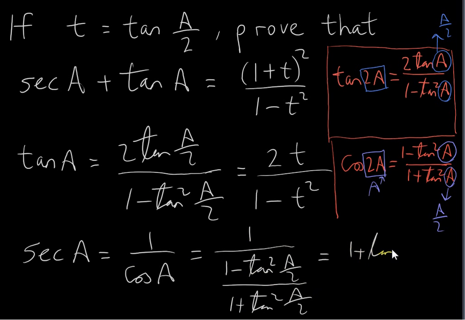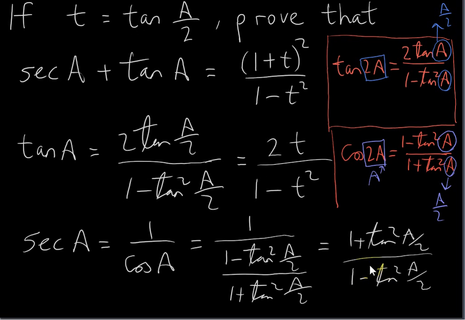But anyway, you'll get 1 plus tan squared a over 2 divided by 1 minus tan squared a over 2. So remember, t is tan a over 2, so we need to plug in t for tan a over 2 here. So we're going to get 1 plus t squared over 1 minus t squared.